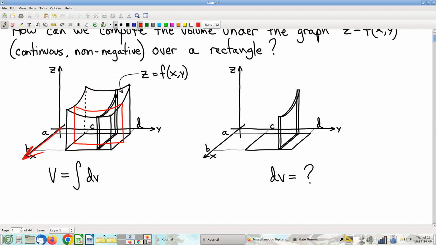So you get a picture that looks kind of like this right here. You'll be interested in computing this cross-sectional area, where now it's x that is constant as you compute that cross-sectional area, and it is y that is going from C to D as you compute that cross-sectional area.